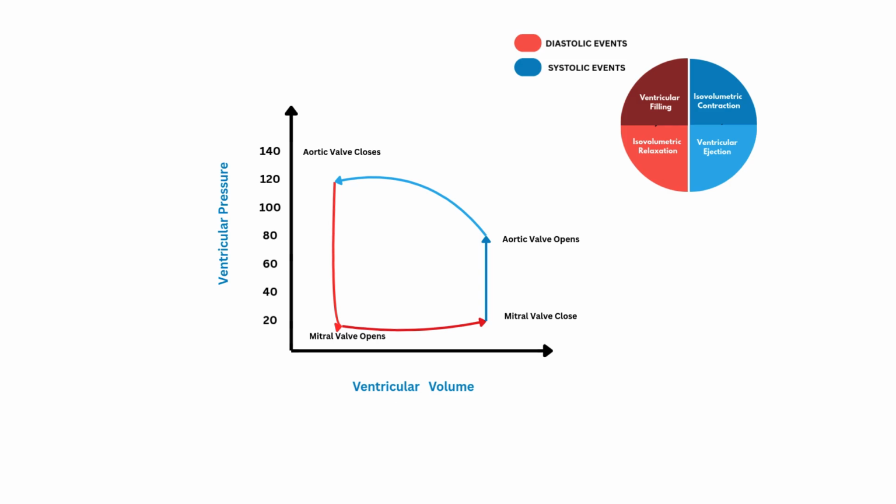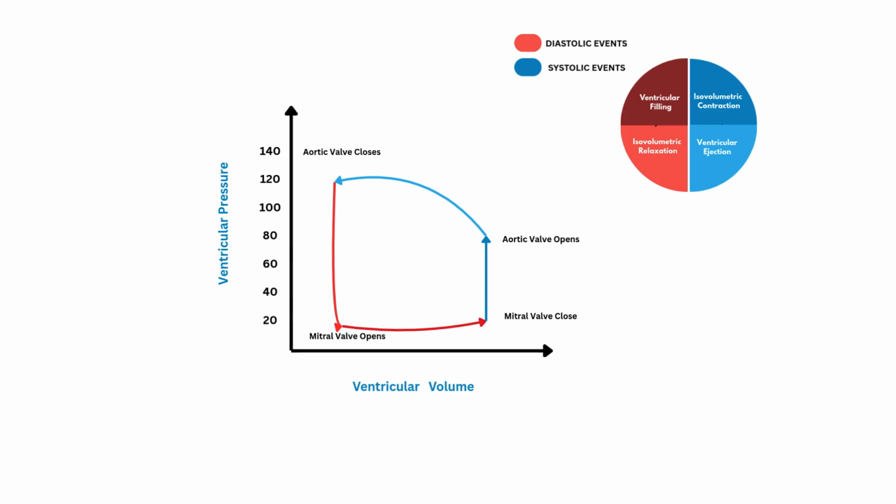The next phase is the ventricular ejection phase, represented by this top curve we see here. At this point, the pressure finally exceeds the pressure of the aorta, which is around 80 millimeters of mercury. As such, the valve suddenly pops open, then blood rushes out.